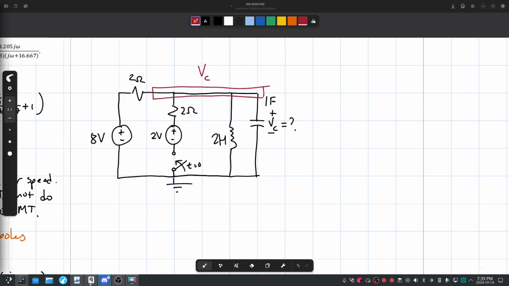Or maybe it is like that. I think it should be the same thing, really, because what you're trying to find is voltage.